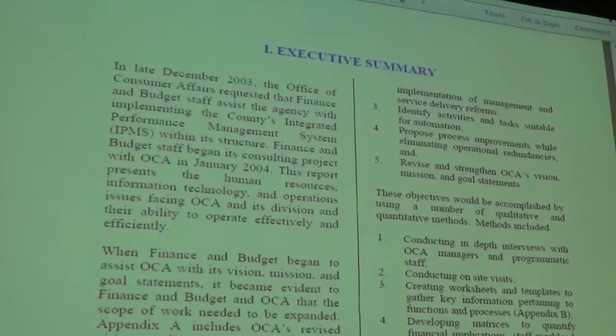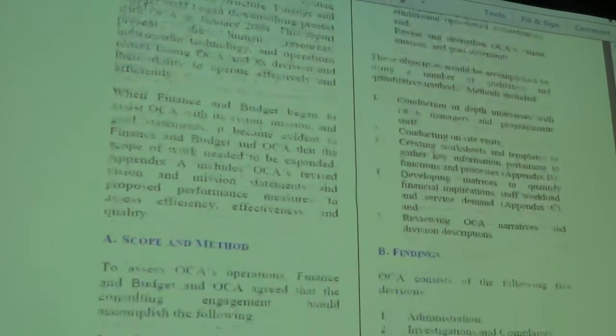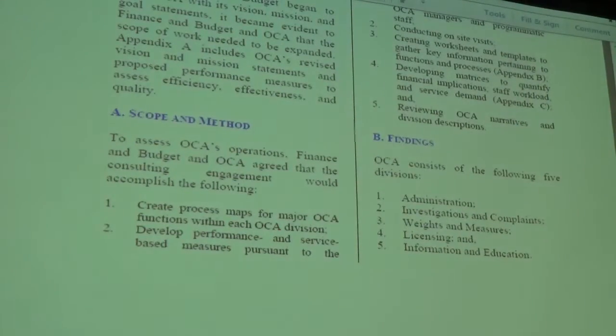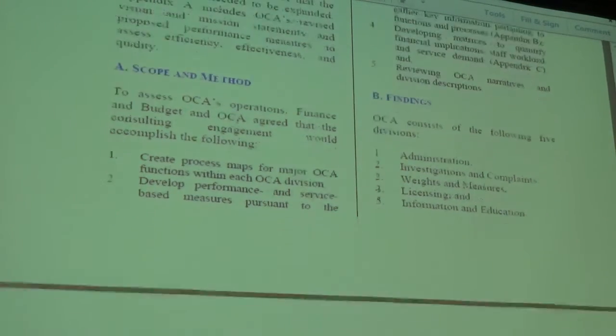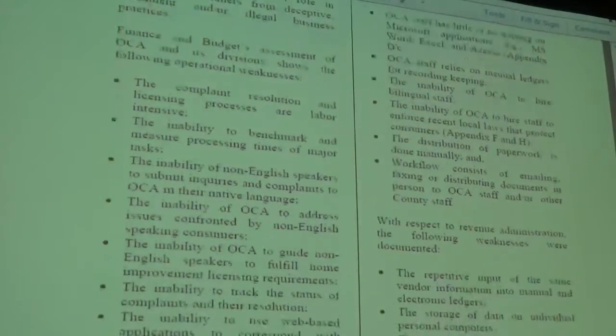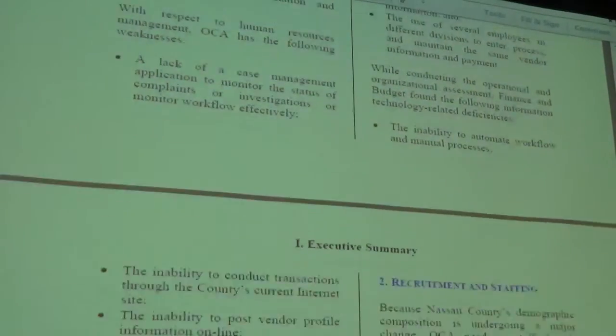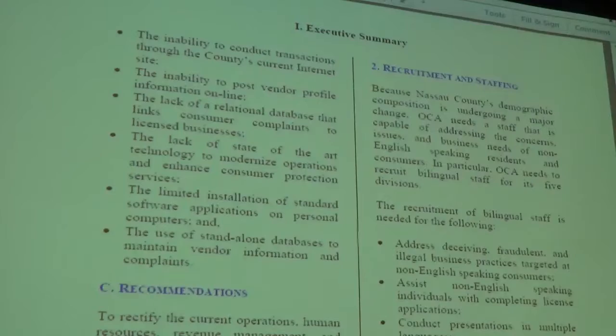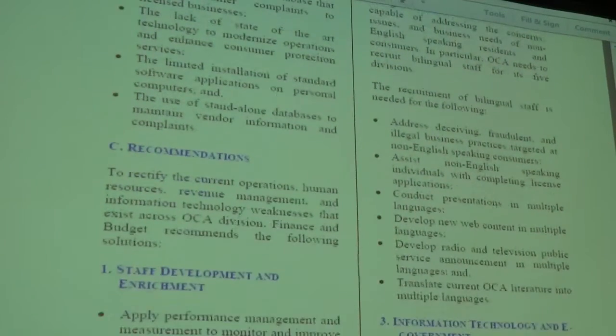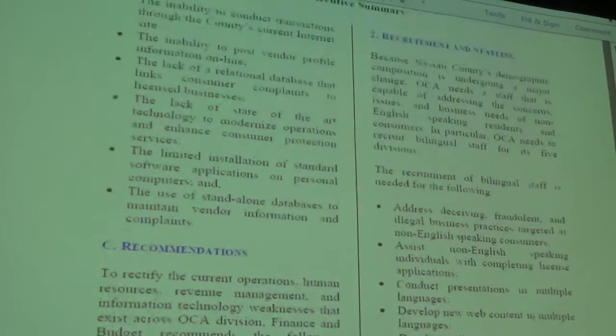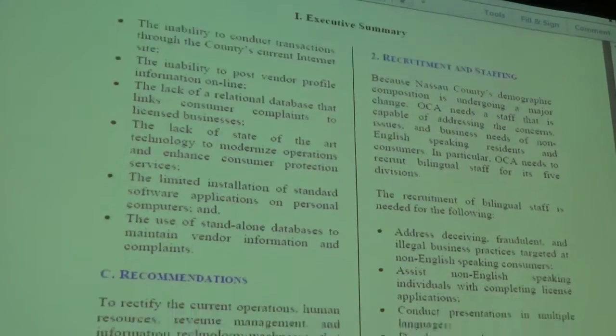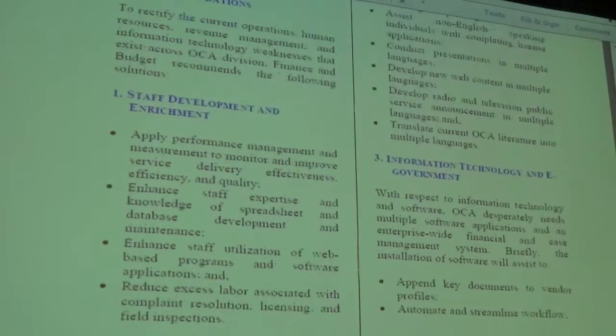So the structure of the report is similar to the structure that I have for your assignments. You have the executive summary, the scope, and the method, how the data was collected, you have the findings, and you have the recommendations. Those recommendations included staff development, staffing, and information technology and new government.